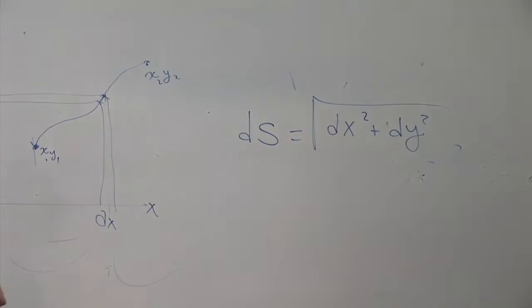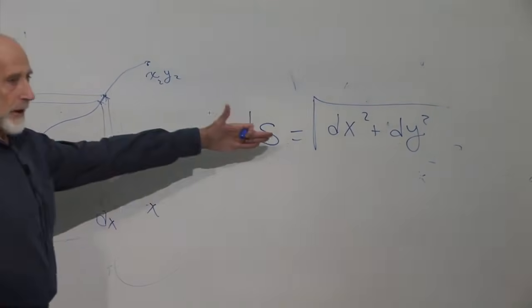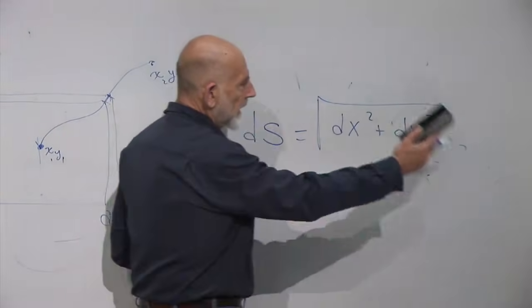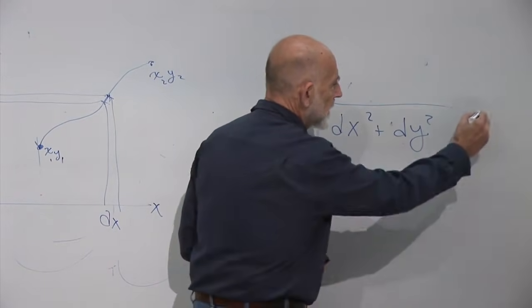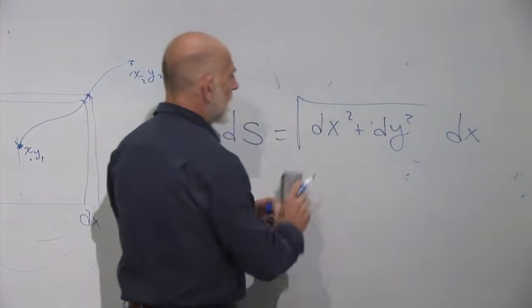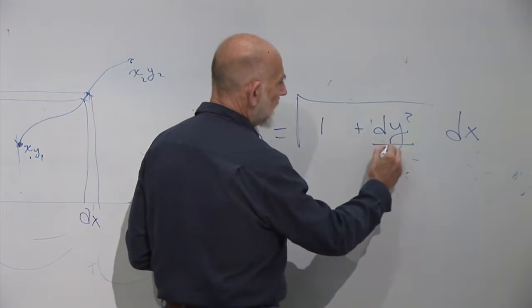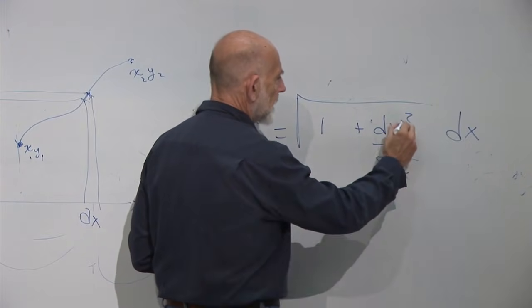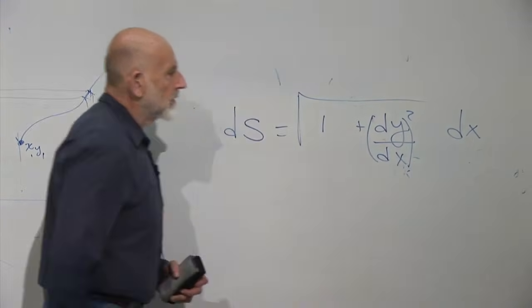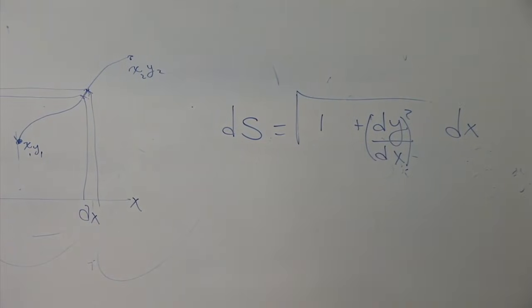Let me divide inside the square root by dx squared. All right, then I can take out a dx on the outside, and write this as the square root of 1 plus (dy/dx) squared, times dx. Is that much clearer?